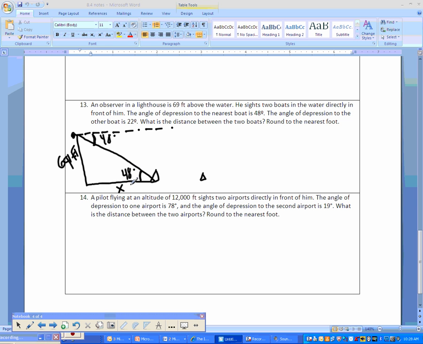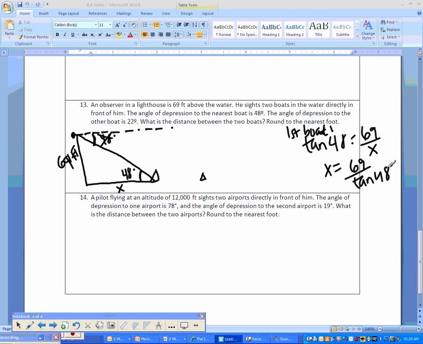So wouldn't you know it, we're going to use tan again. Get rid of this 48 degrees. To find the first boat, we're going to use tangent of the angle equals opposite, which is 69, over adjacent, which we don't know. And since x is on the bottom, you swap these two. So literally in your calculator, you put 69 divided by tan 48.